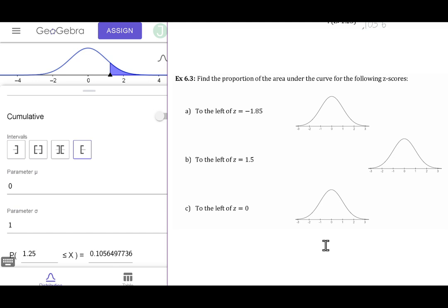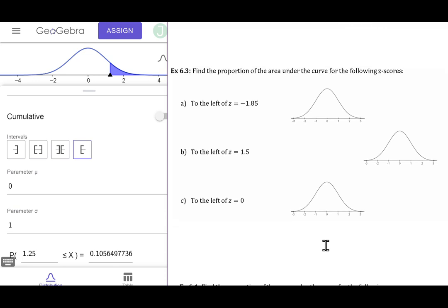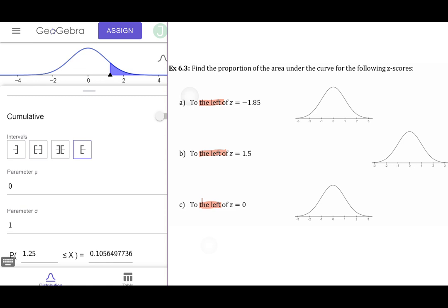We have three more quick examples. Each of these three examples show the same area. It says find the proportion of the area under the curve for the following z-scores, and they're all three to the left of the given z-score. So for the first one, that's closer to negative 1.85.